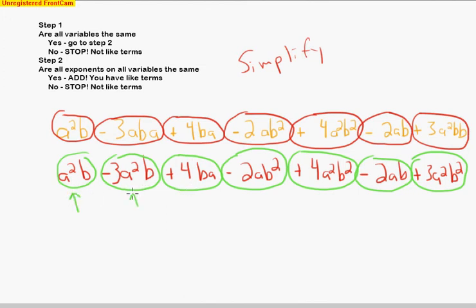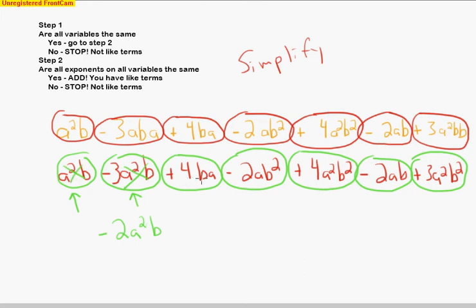Here's an a squared b. Here's a ba, a b squared, b squared, ab, a squared b squared. So these are the only two a squared b's. So we have a 1 a squared b and a negative 3 for a total of negative 2 a squared b.